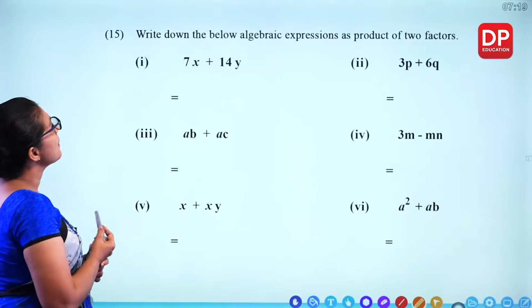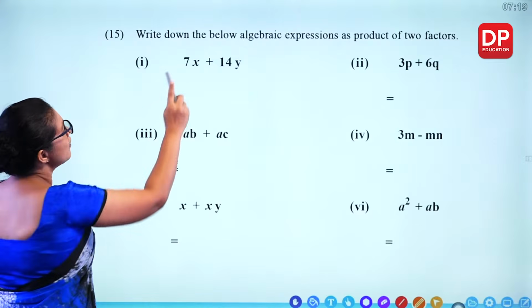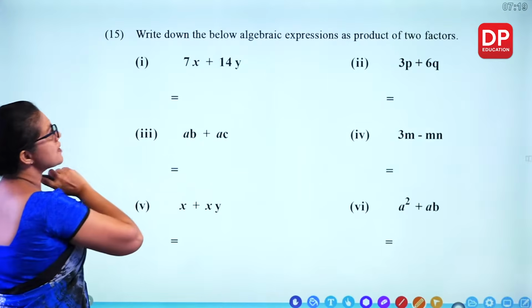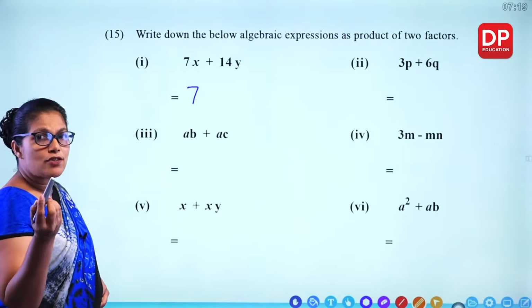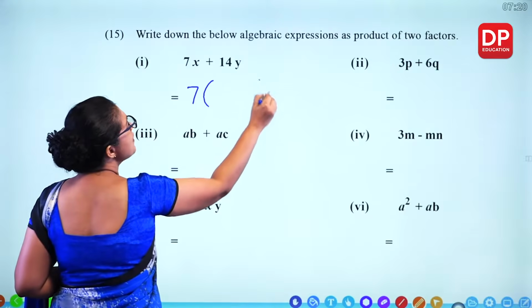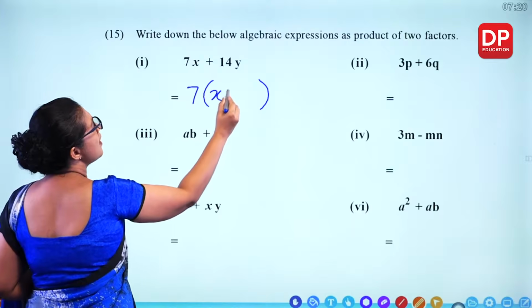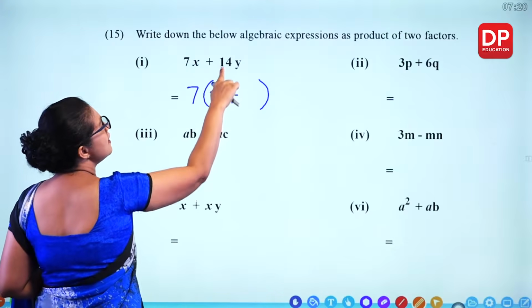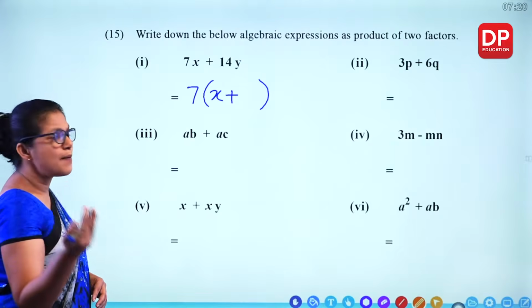Now we'll use that rule in these examples. Look at carefully these two expressions. What's common? 7 and 14. A number is common there. 7 is common. When you take 7 out, what's remaining? x is remaining from this one, and then the sign comes here. 14, you already have taken 7 out. 7 times 2.